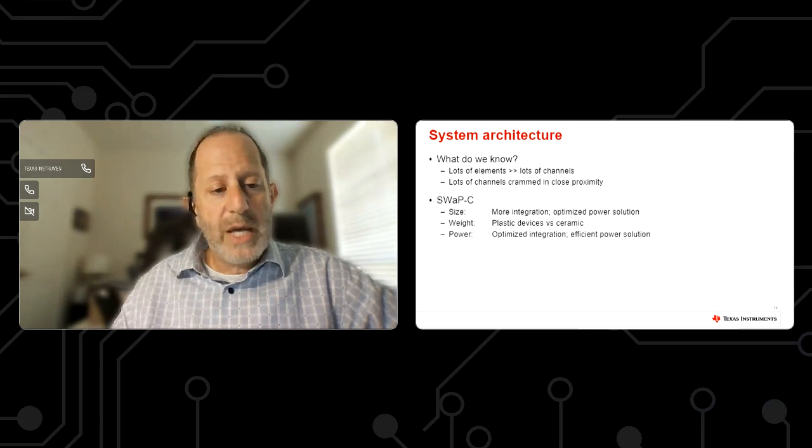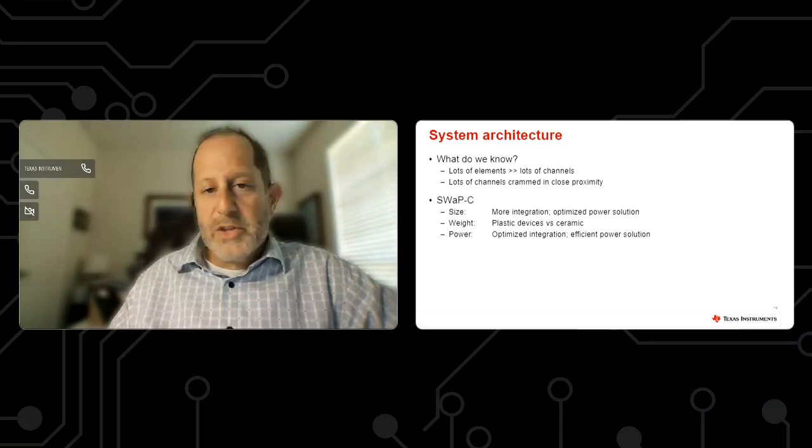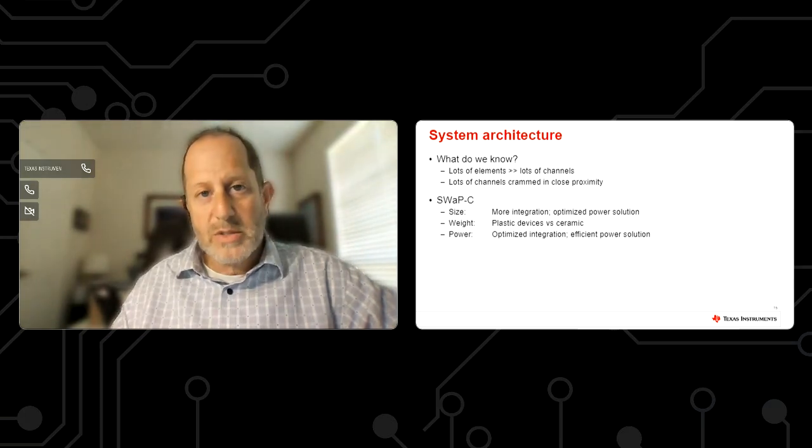So now we'll look at the SWaP-C argument here. SWaP-C: size, weight, and power. We can't discount the cost angle too, of course, as we improve on a lot of these other areas, a lot of times that's going to translate to a cost improvement as well.